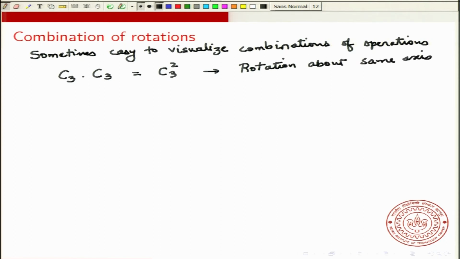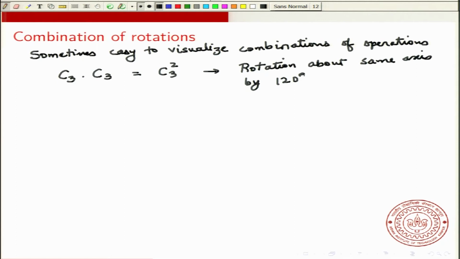So, if C3 corresponds to rotation about an axis by 60, then C3 square corresponds to rotation about the same axis by 120 degrees.